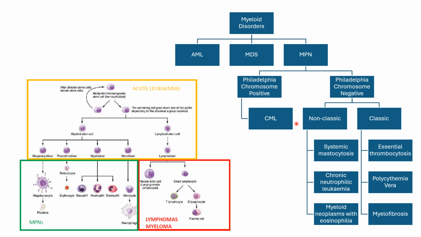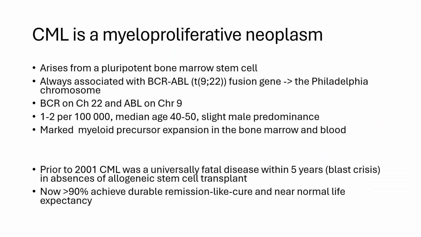But again, we'll just be talking about CML, which is on the Philadelphia chromosome positive branch, and that's in fact the definition of CML. So moving along, CML is an MPN arising from a pluripotent bone marrow stem cell, and it's always associated with the Philadelphia chromosome mutation, which is the BCR-ABL translocation between chromosomes 9 and 22.